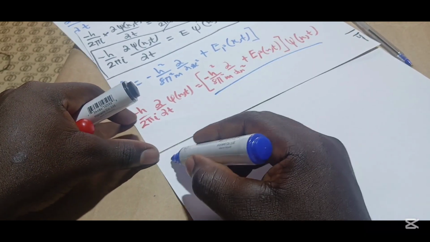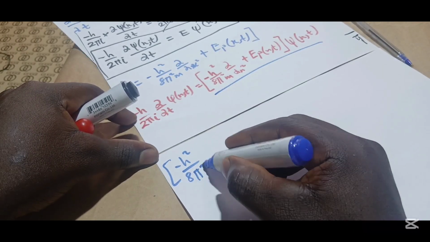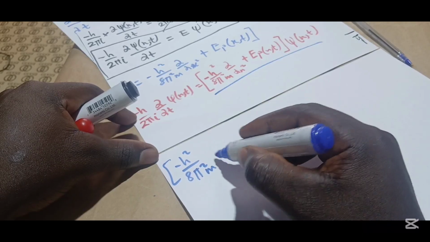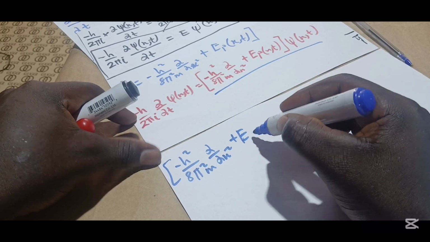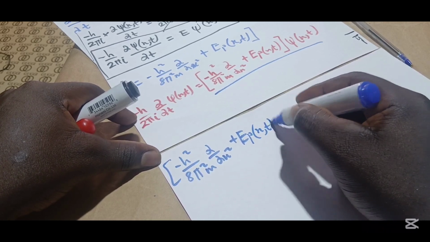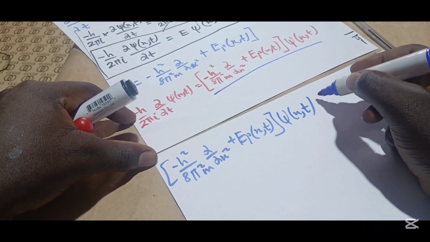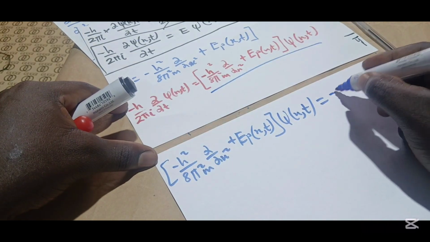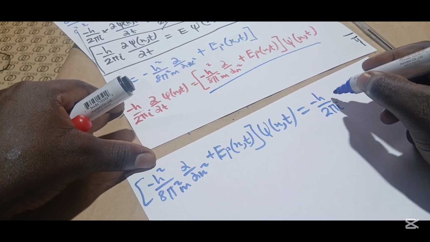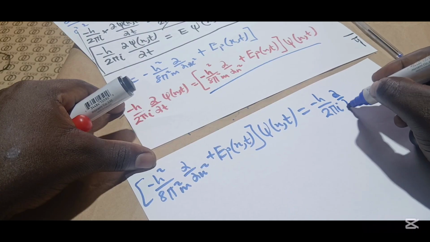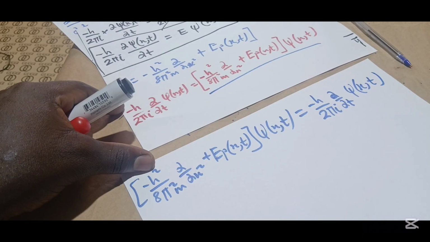Starting with this term, just to make the presentation look neat: minus h squared over 8 pi squared m, d squared over dx squared, plus the potential energy term, acting on the wave function, is equal to this whole term here, minus h over 2 pi i, d over dt, the wave function.